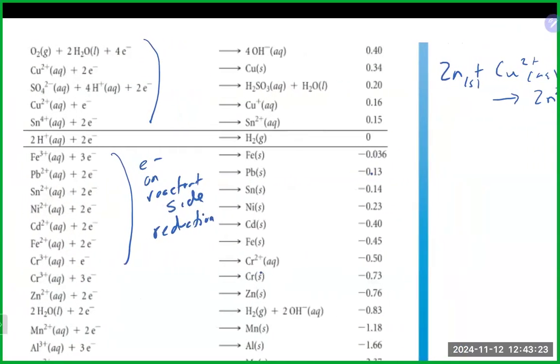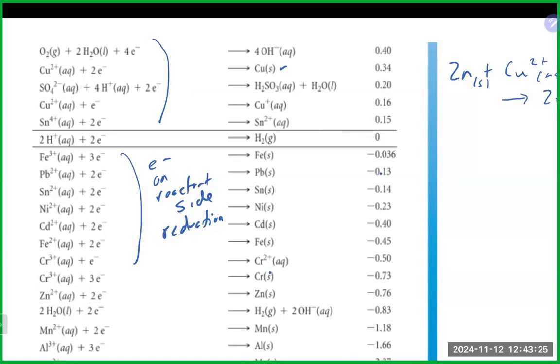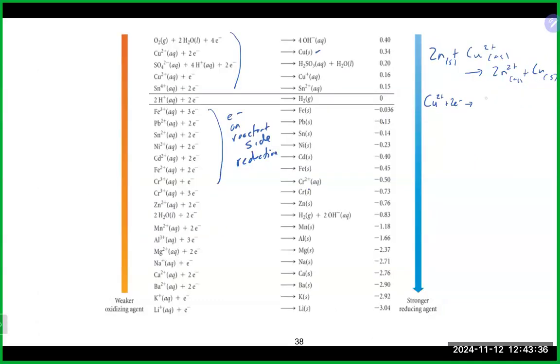Right up on top here is our copper. And the copper reaction looks like this, and the E there is positive 0.34 volts.